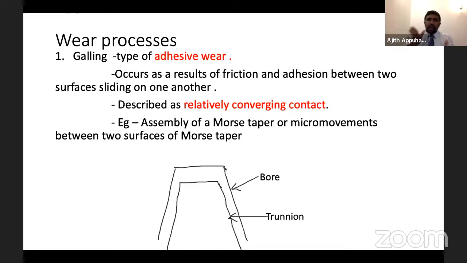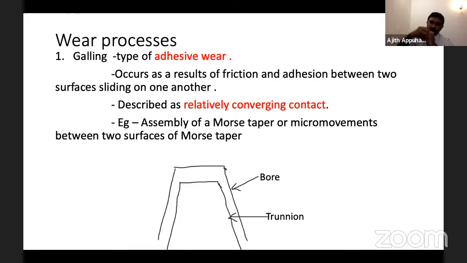What I described is intimate contact and then friction, then adhesion between articular surfaces, and they are sliding one over the other, they develop adhesive wear. This is very common in the Morse tapers. What happens in the Morse tapers, I have drawn here. This is the female part, that is the bore, and the male part is the trunnion.